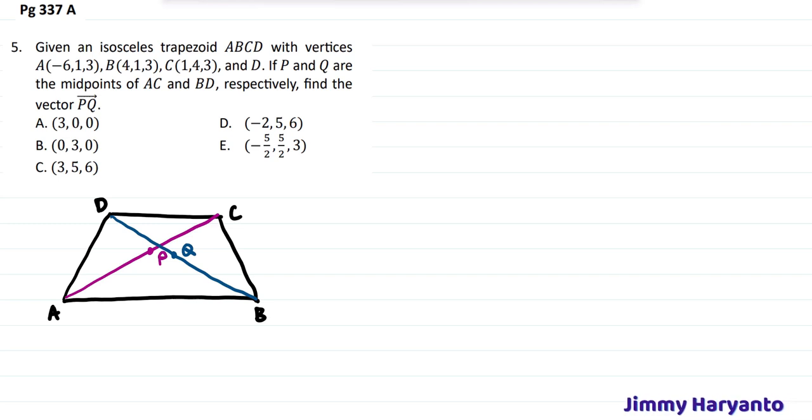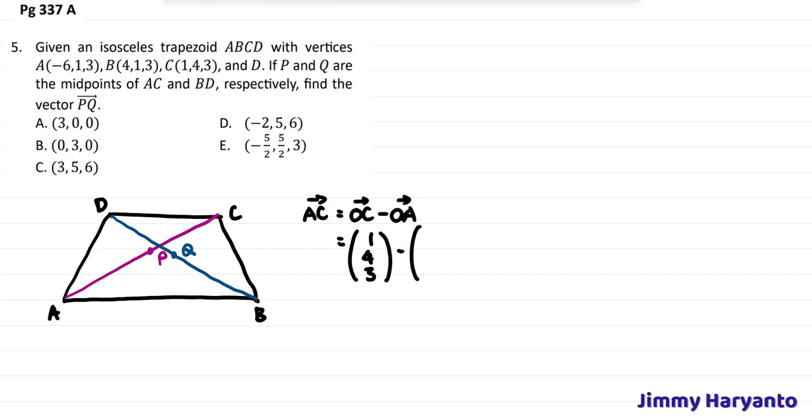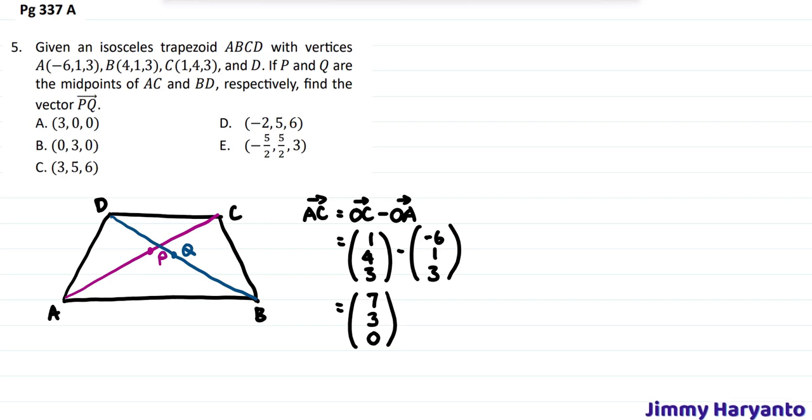First, I think we have to find the vector of AC. AC equals OC minus OA. So OC is (1, 4, 3) minus OA, which is (-6, 1, 3). When you subtract them, you'll have (7, 3, 0) as the result. This one is AC.